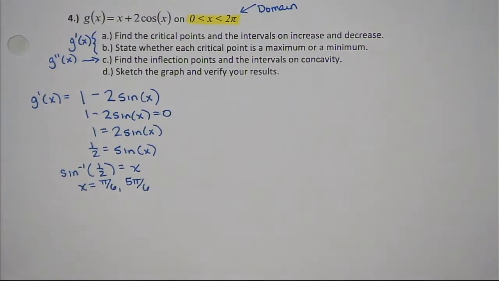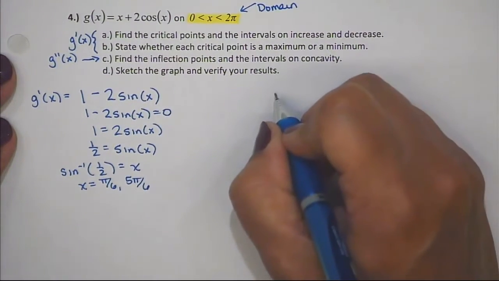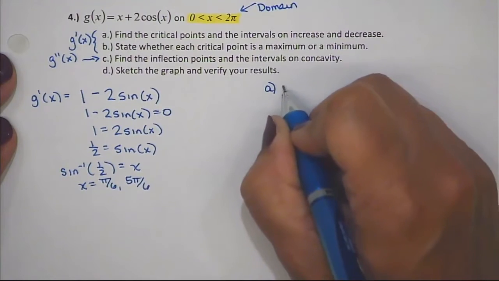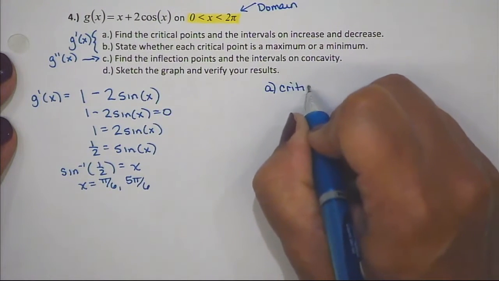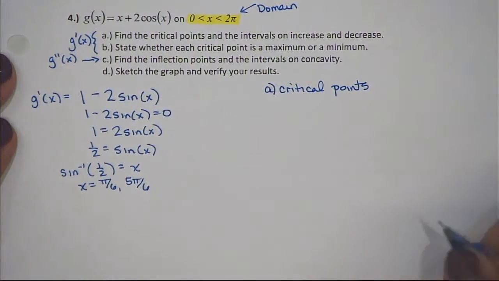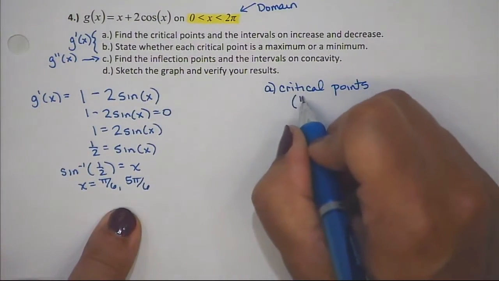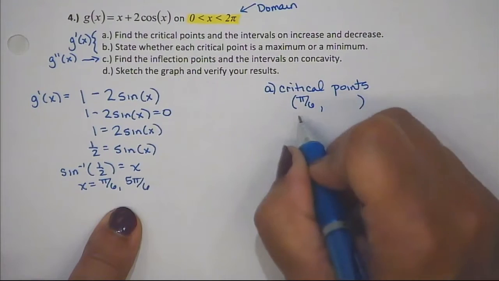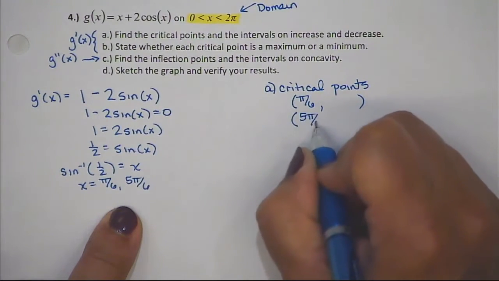All right, so part A says find the critical points. So we can start with that. So over here I'm going to put part A. So our critical points, and that's a point. So I got to do pi over 6 something and 5 pi over 6.